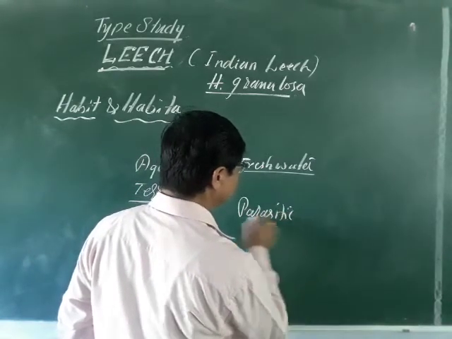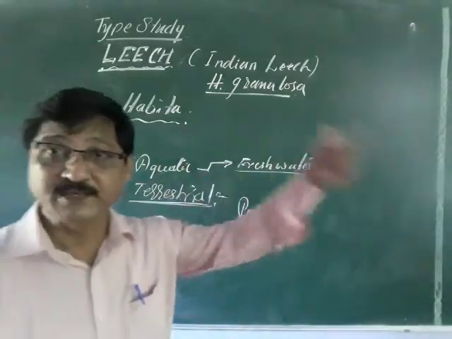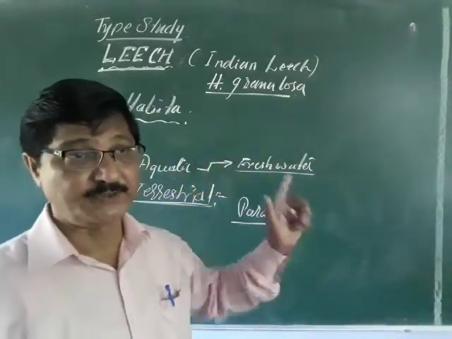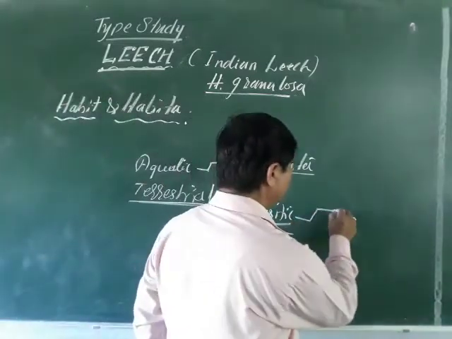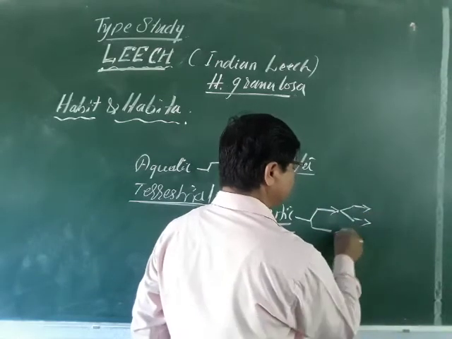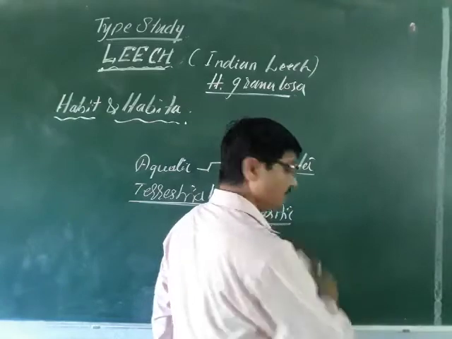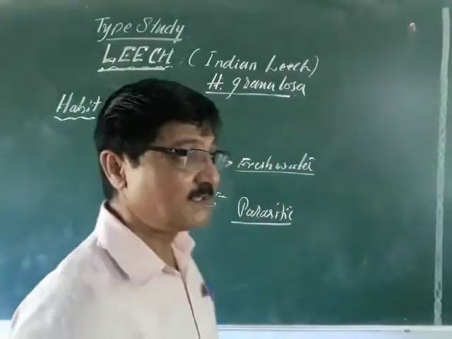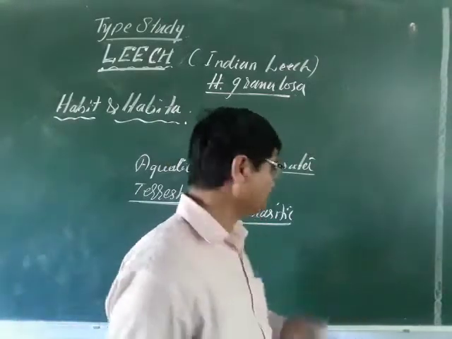You know very well what parasitic means: they require a host, depending upon other types of animals. It may be ecto or endo, temporary or permanent, and again there are different types. Parasitic means depending upon another for shelter as well as food.